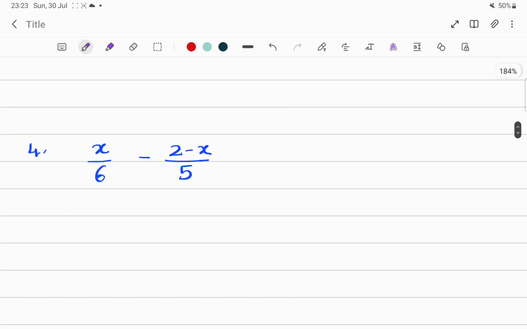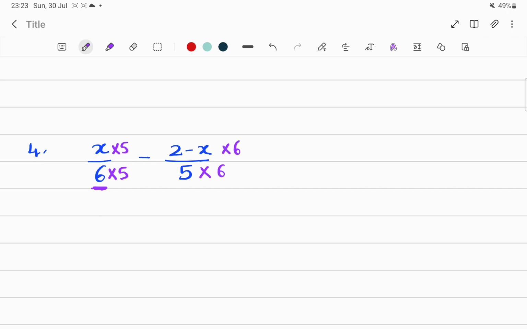Okay, next question is x over 6 minus (2 minus x) over 5. This is a very important question, though it seems very simple. Again here the denominators are different, 6 and 5, neither are they multiples of each other nor are they equal. So I will times this by 5 and here also by 5. Same here, I will times by 6 and here also by 6.